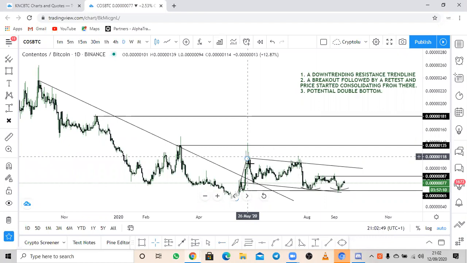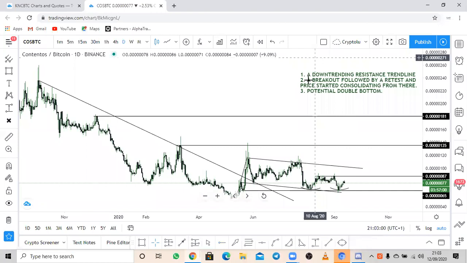We had the breakout, retest, followed by a consolidation instead of a continuation to the upside. So we are expecting price to break out from this side and go up. So this is the bigger picture here. Now, how do you expect price to just move from here all the way to this side here? This is why the double bottom pattern is there for us, the potential double bottom.